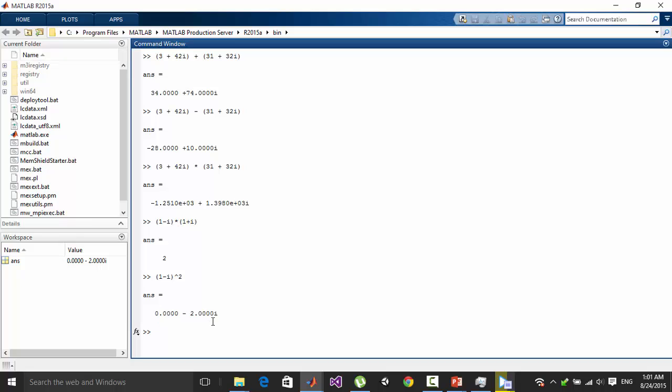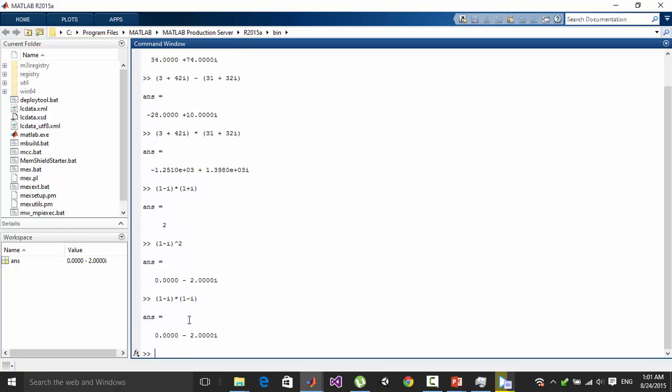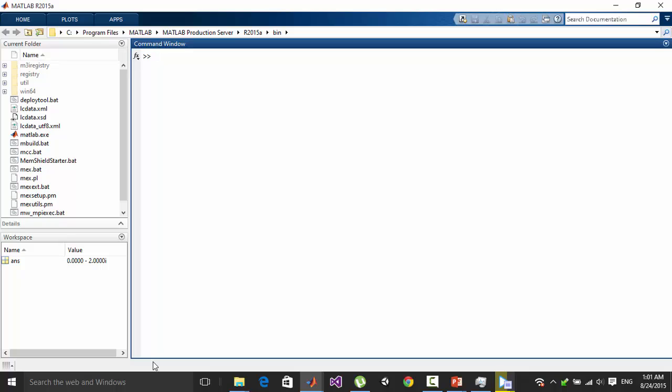Okay, it is definitely not like it, because in this case we are doing 1 minus I multiplied by 1 minus I. So this is this. So let me clear the screen.